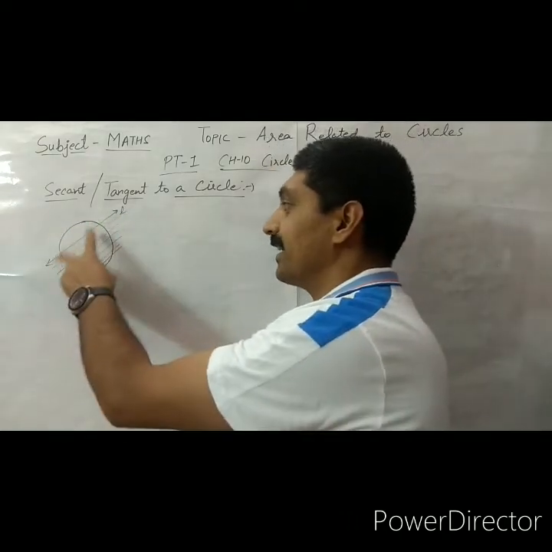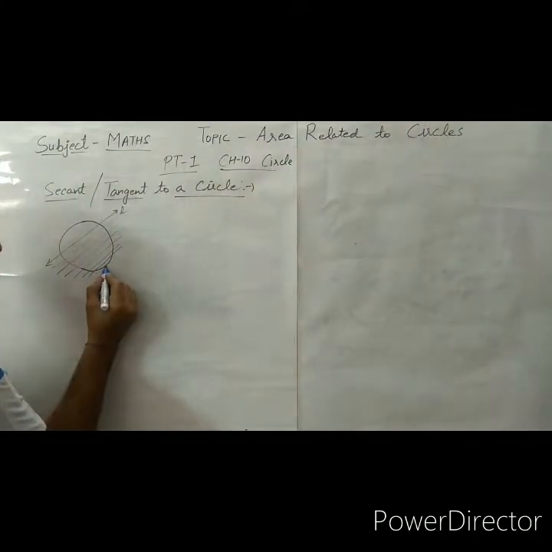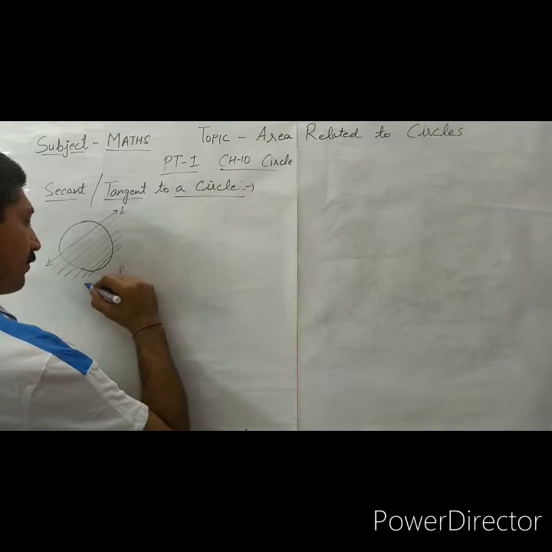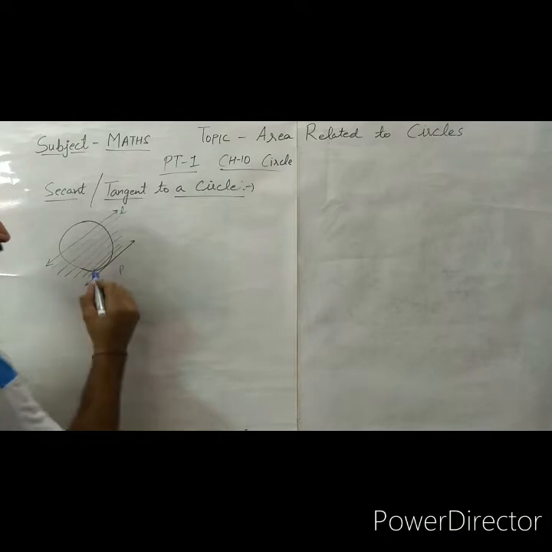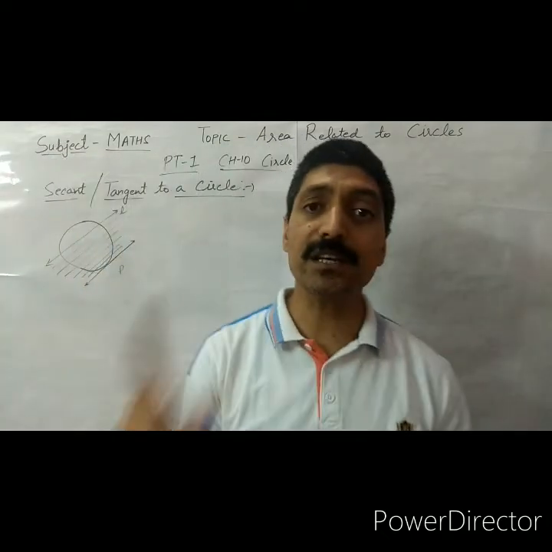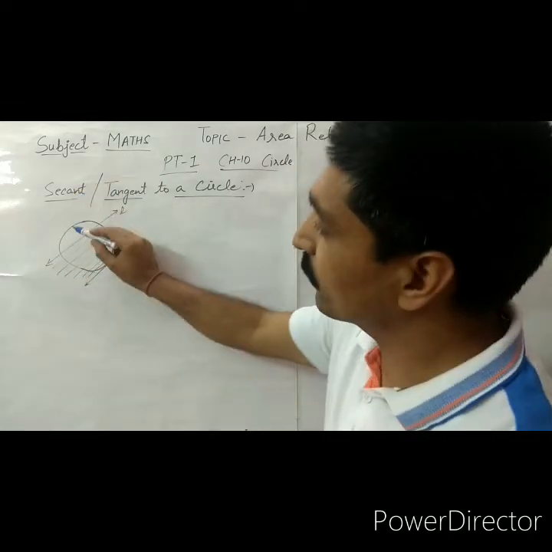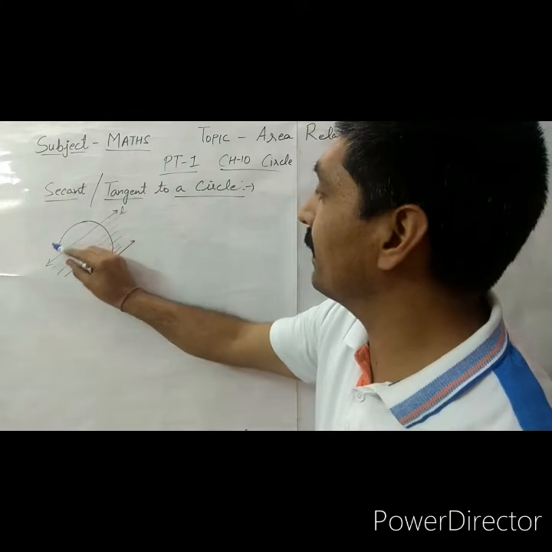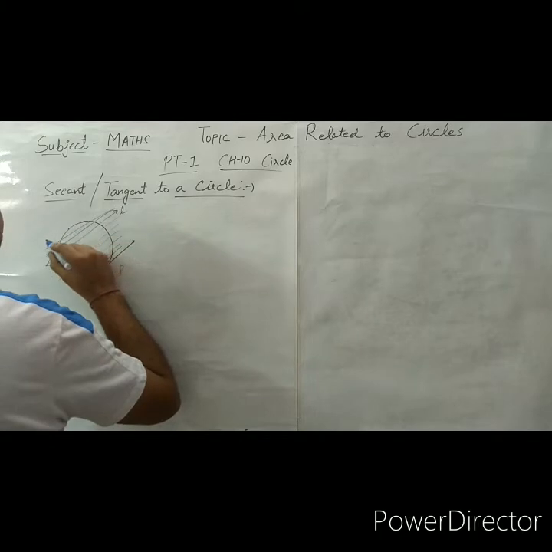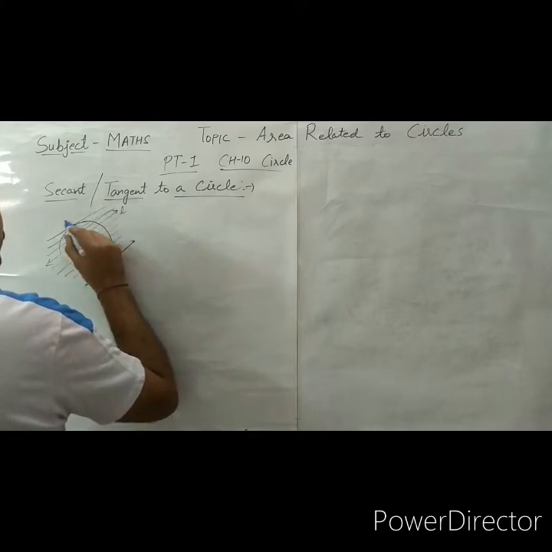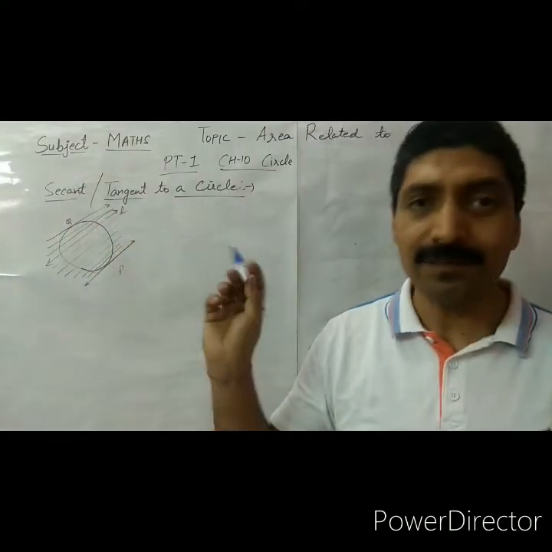intersect the circle at 2 points, but we will get at least one point here, P. From that point we have one line which intersects the circle at one point, and if we go on drawing parallel lines, we will find one more line here at point Q that is also touching the circle at a point.